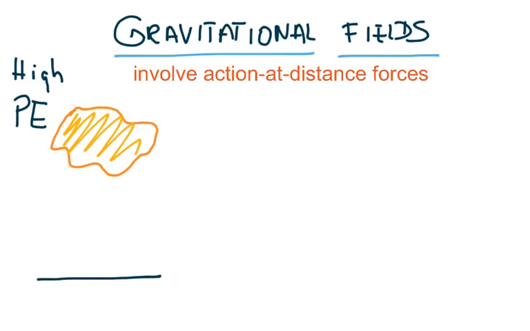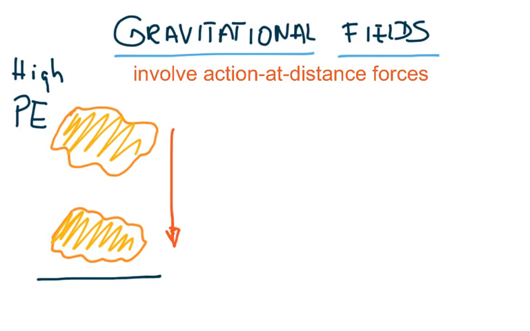So what's going to happen here? We have gravitational force, and we all pretty much know it because we have it on Earth, gravity, right? The work done by gravity will bring this stone down closer and closer to Earth till it hits the ground.